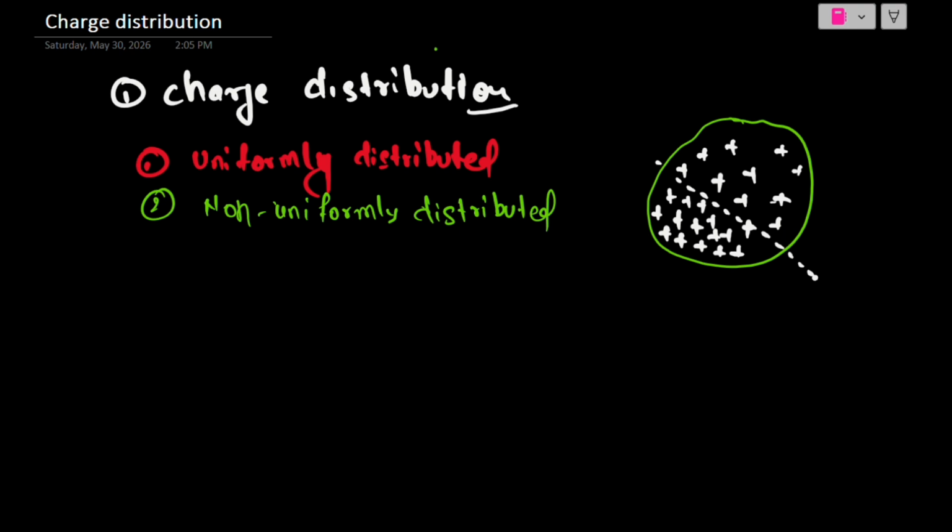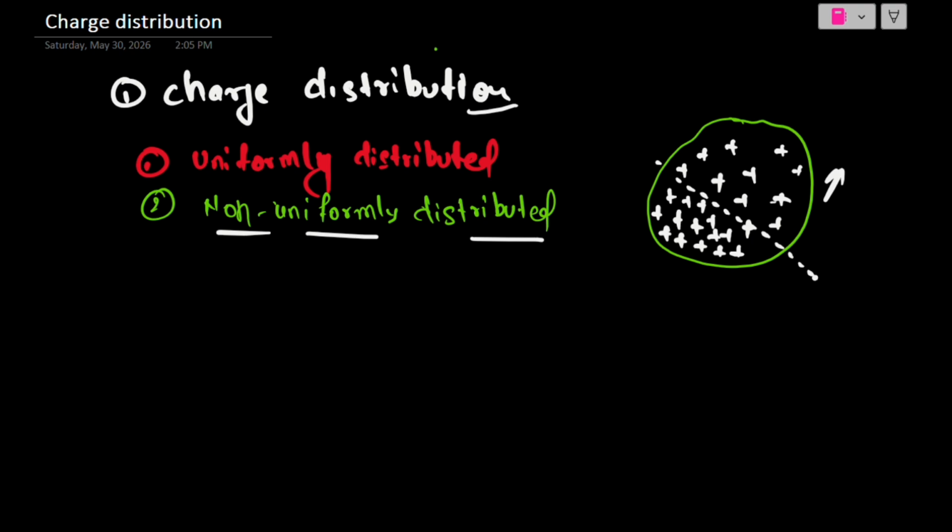This is an example of non-uniformly distributed charge, because on the left side, or maybe the downside, the charge is more dense, and in the upside area the charge is less dense. So this area has a non-uniformly distributed charge.